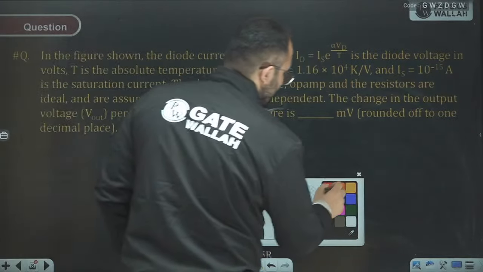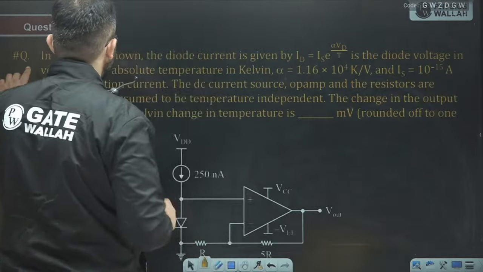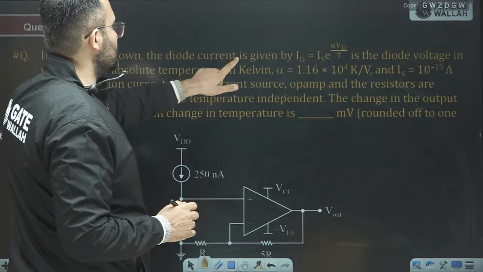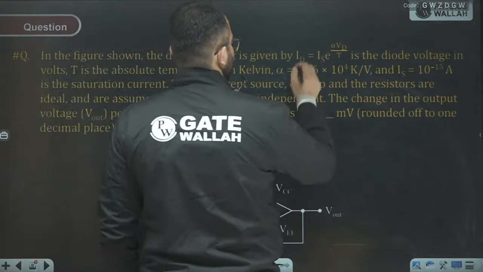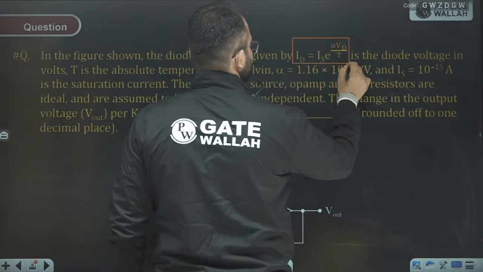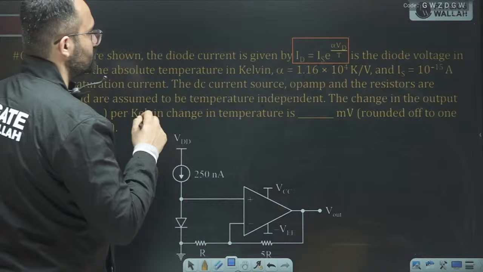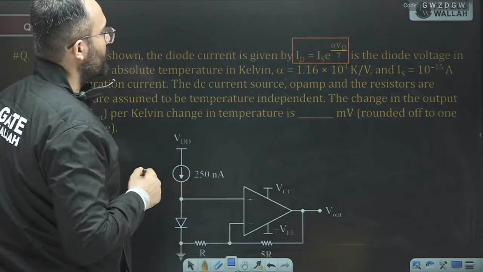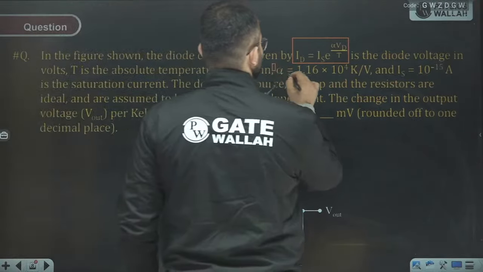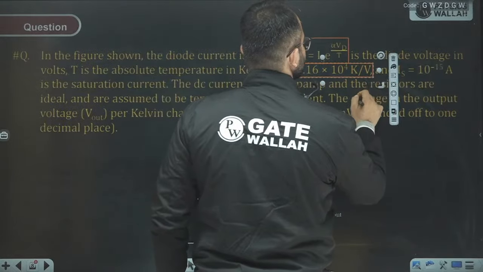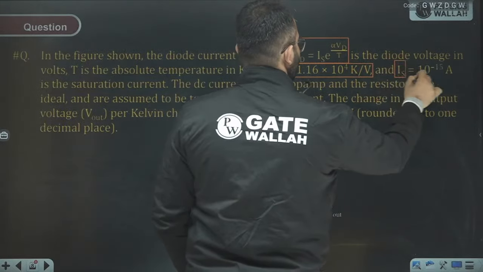Okay, this is one more question, दोस्तों. In the figure shown, the diode current is given by this exponential equation, where alpha is given like this. IS is also given.